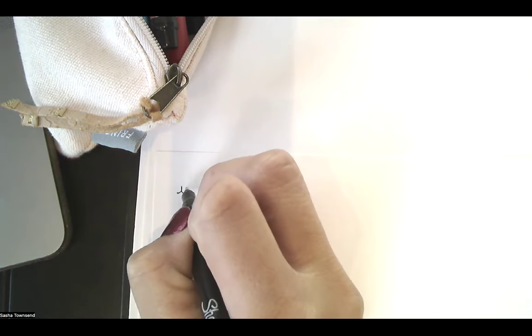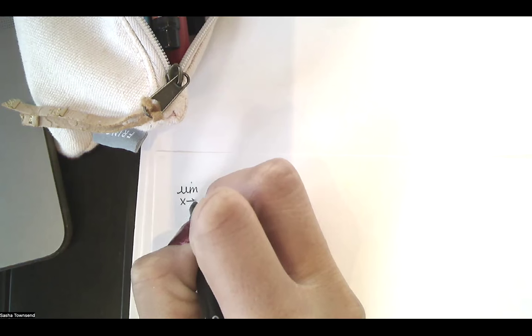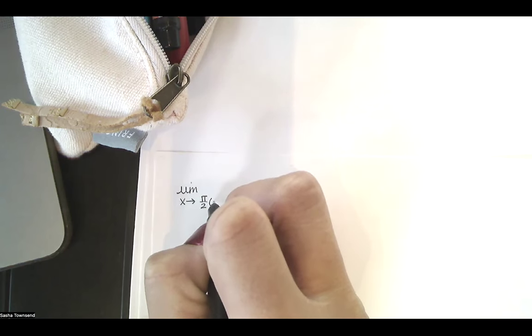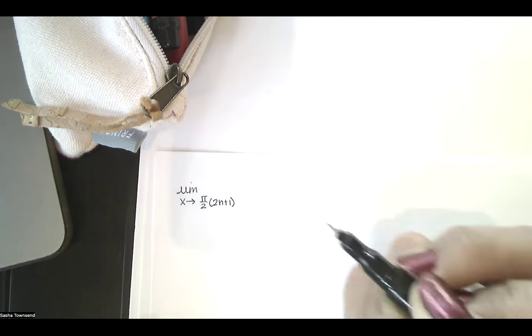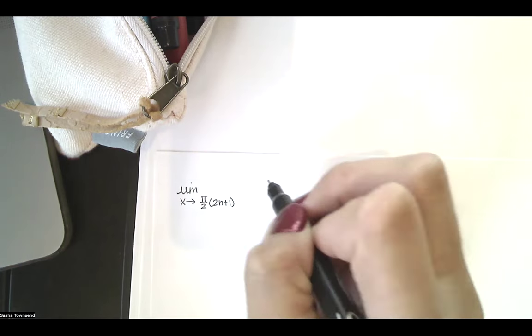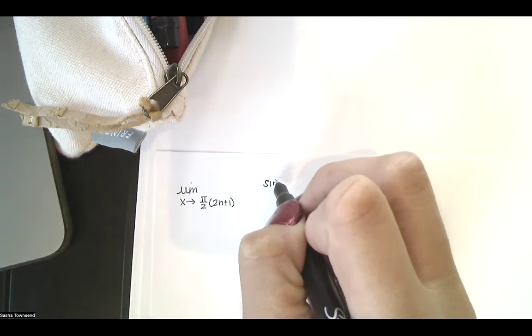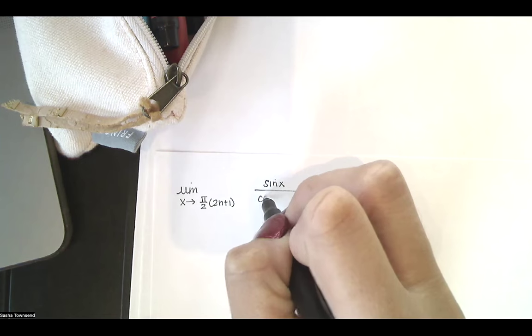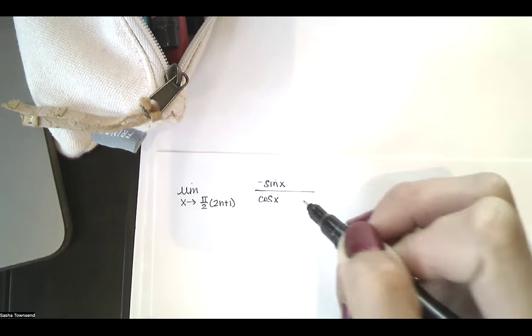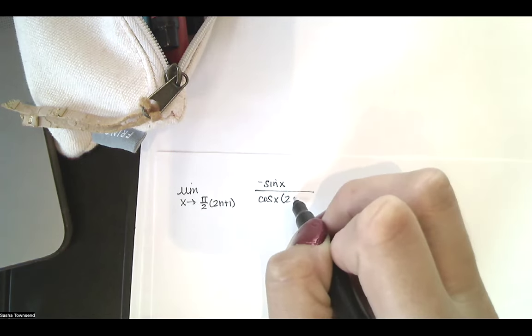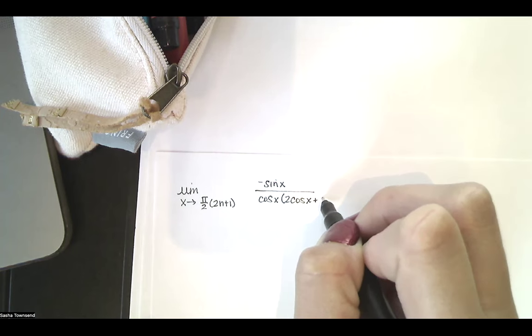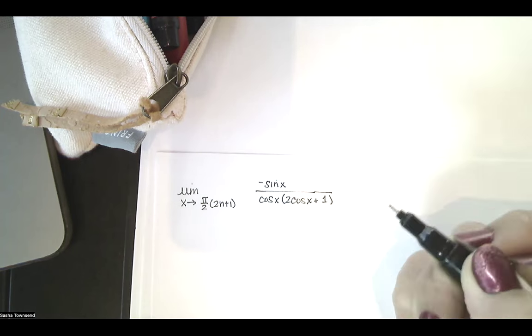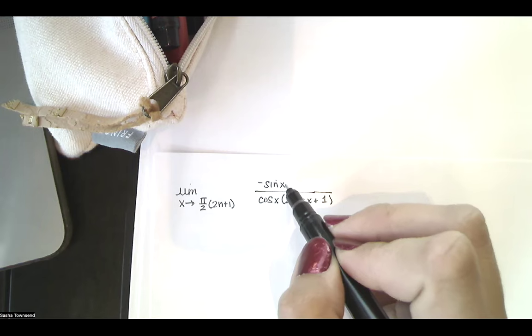So I've got the limit as x approaches pi over 2 plus 2n plus 1, so we're at odd multiples of pi over 2 of negative sine of x divided by cosine of x times the quantity 2 cosine of x plus 1. This is approaching 0.